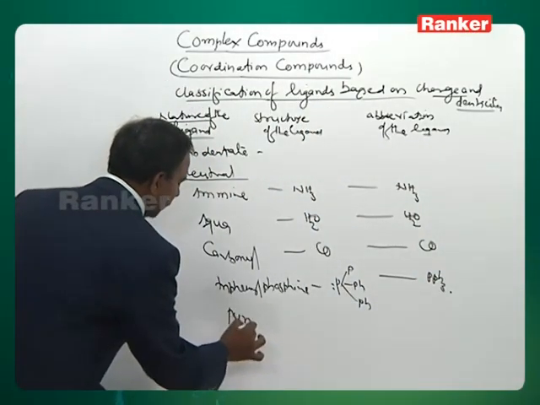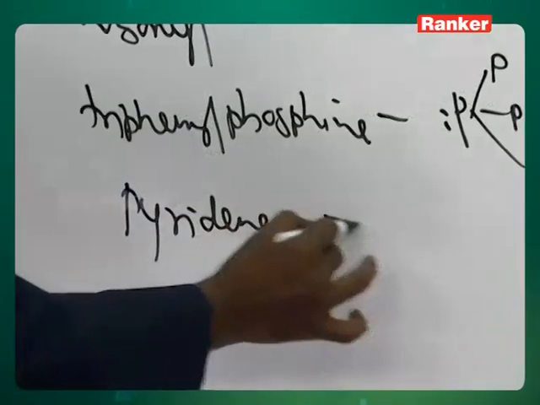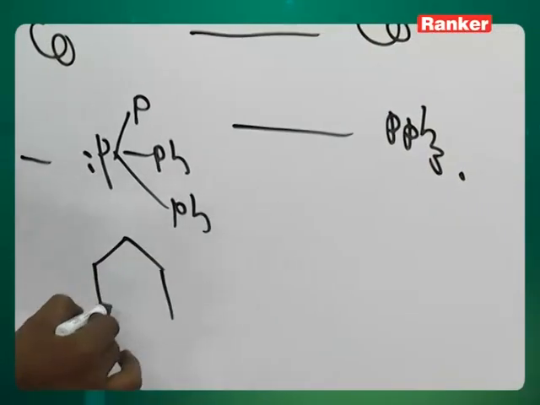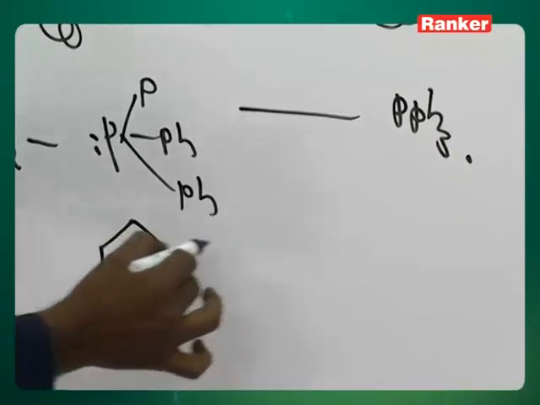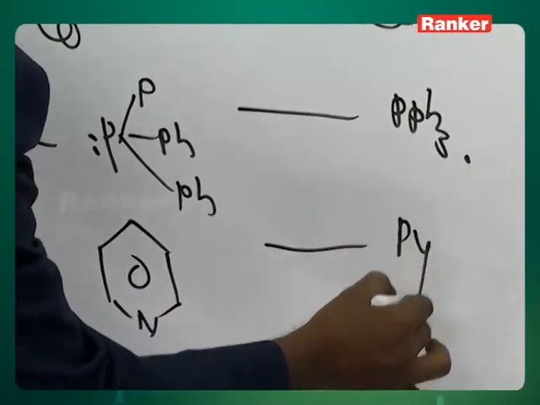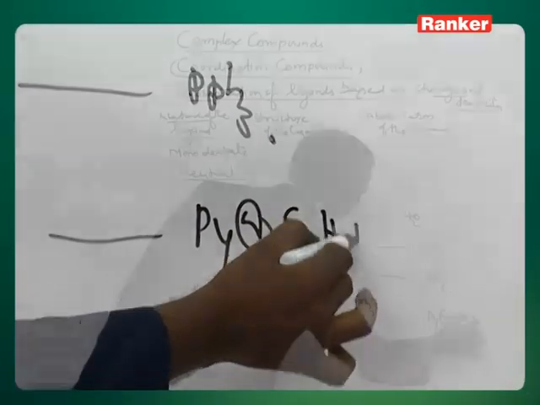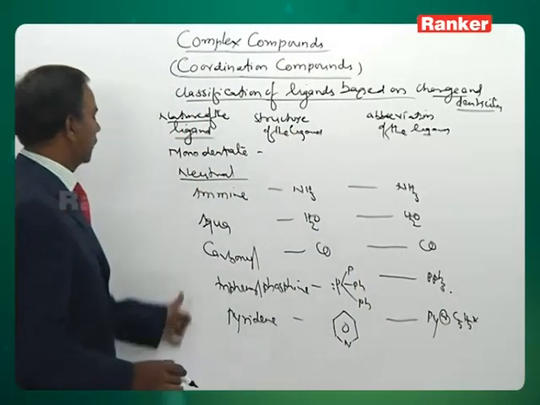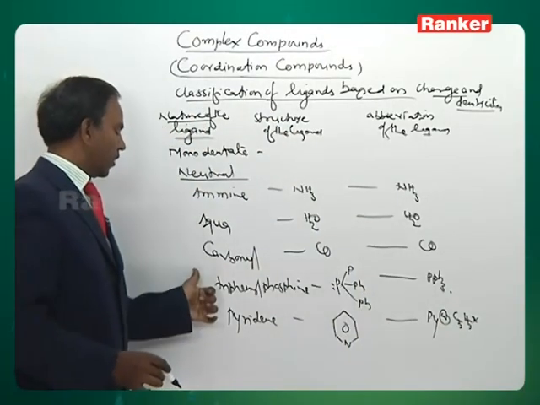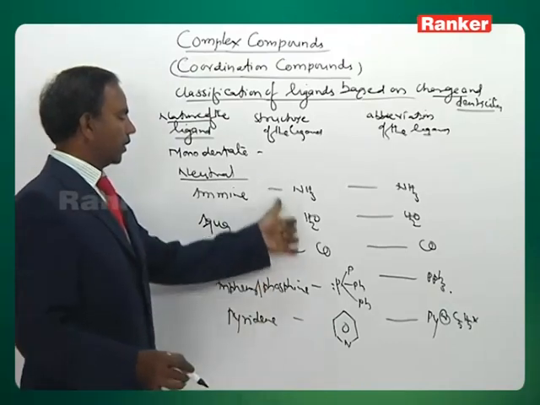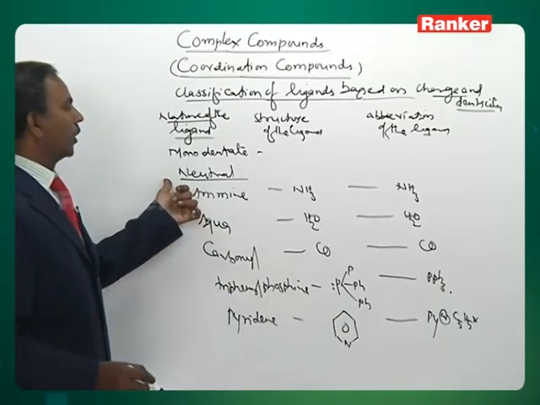And you can take pyridine. Pyridine, you know well, you can represent this either py, or you can say C5H5N, either way you can represent. These are amine, aqua, carbonyl, triphenylphosphine, and again pyridine. These are some of the neutral monodentate ligands.